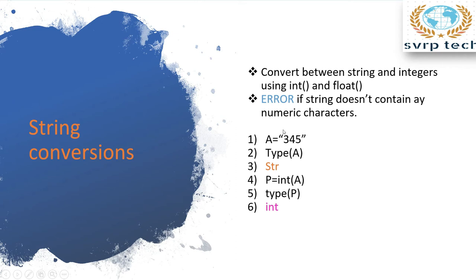Whenever this is written, this a is treated as a string variable. So if you want to know the type of a, it is going to print as string. And p is equal to int of a. If you want to convert a string into an integer, then we use this syntax, int of. Here a is string type, so I am converting that entire a into integer type, so int of a. Then type of p is going to be returned as integer.